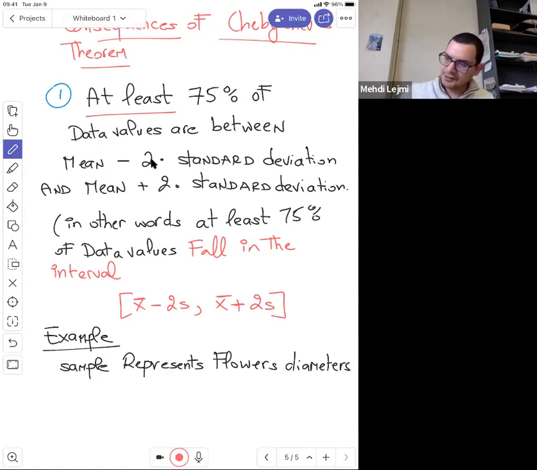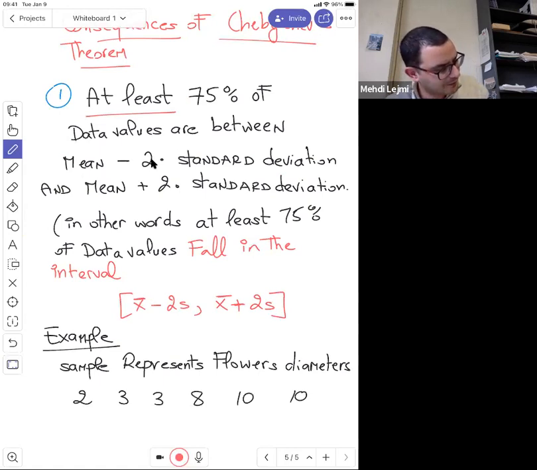Let's say we have 2, 3, 3, 8, 10, and then 10 inches. This unit here is inches, diameters in inches. All right, so that's my sample.